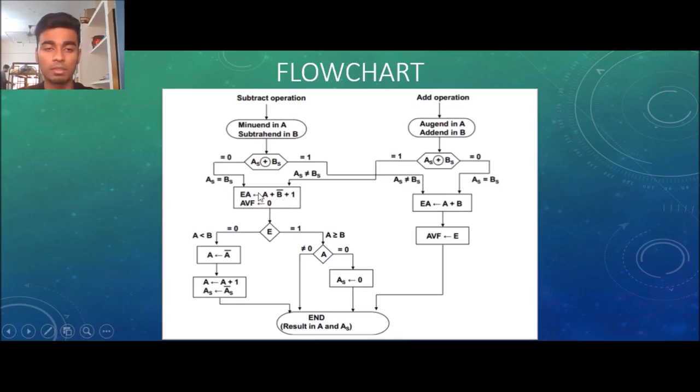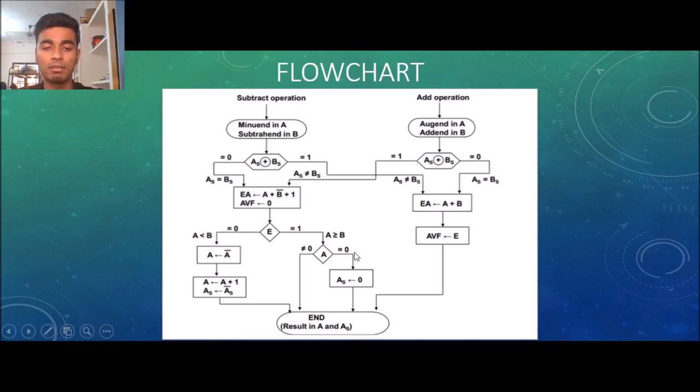Now after computing this, if we get E equals 1, then that means A is greater than or equal to B. If the result that we get is not equal to 0, then the result is stored in A and AS. But if the result that we get is 0, then that means both are equal.